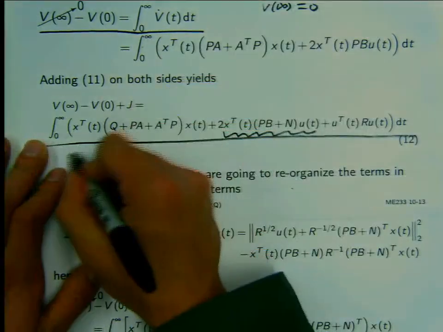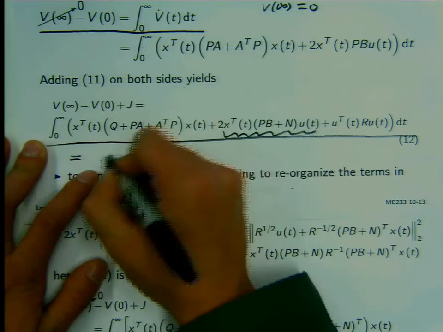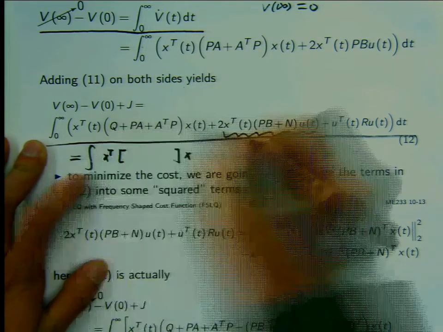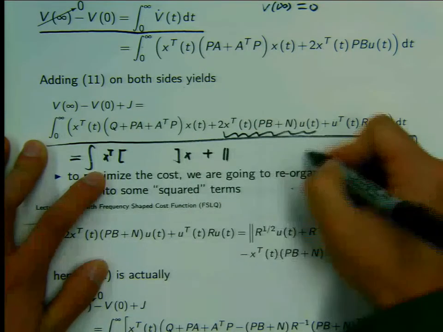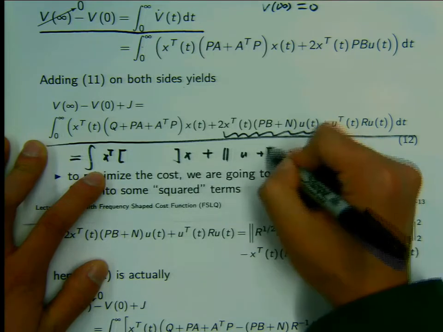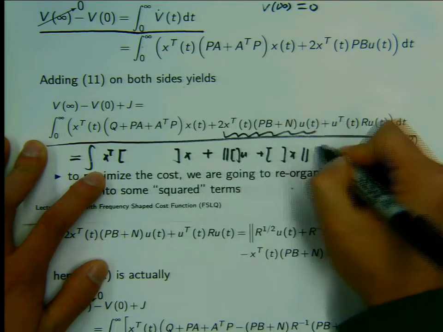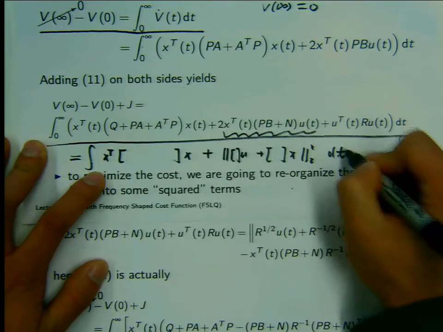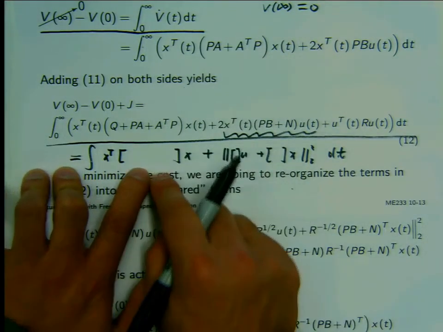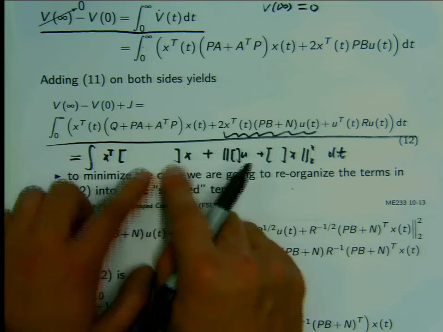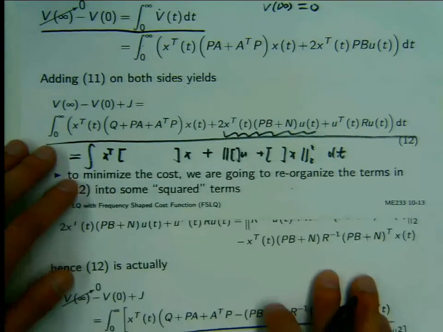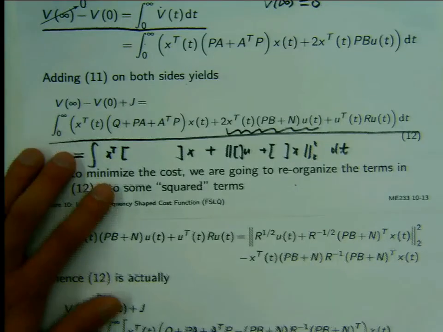If you can express this as the integration of something that looks like this, plus some term about u plus x, then you will see the optimal condition to reach this cost is that this guy has to be 0 and this quadratic cost has to be 0.